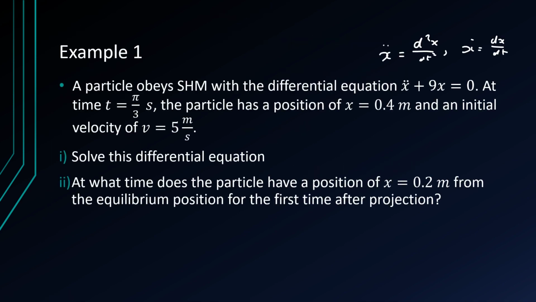So part 2 tells us to find the time when it has 0.2 meters for the first time. So we're told that x is 0.2. Now again, just rewriting our equation as minus 0.4 cos 3t plus 5/3 sine of 3t, if I remember rightly.